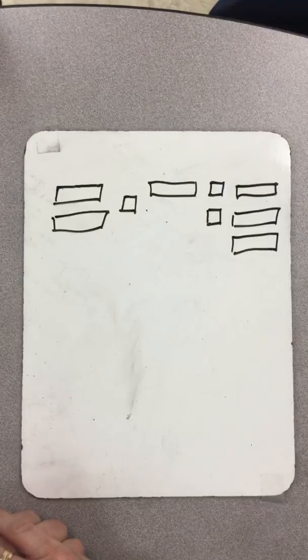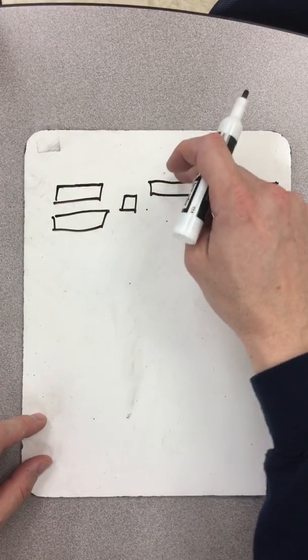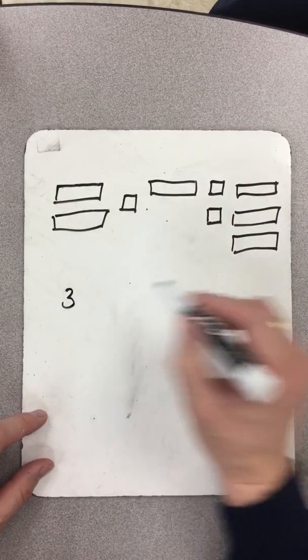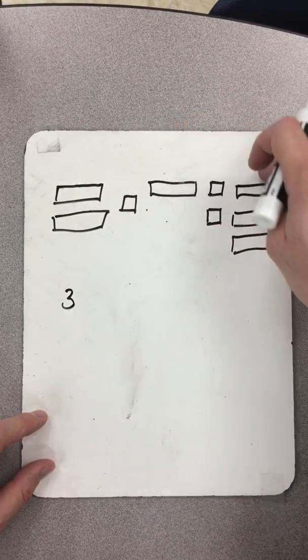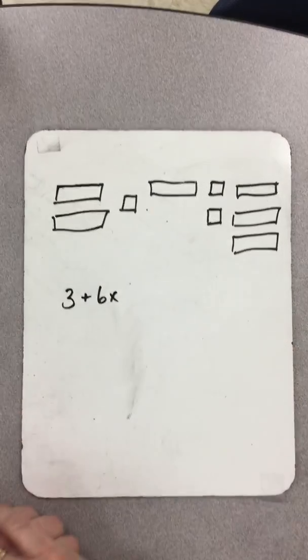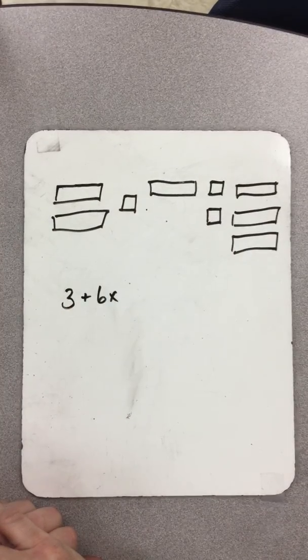In this case, you could write it multiple ways. Let's start with the constants: 1, 2, 3 constants. And then I have 1, 2, 3, 4, 5, 6 variables. So I just add 6 variables to that. That's one way I could write this, by combining all of the algebra tiles.